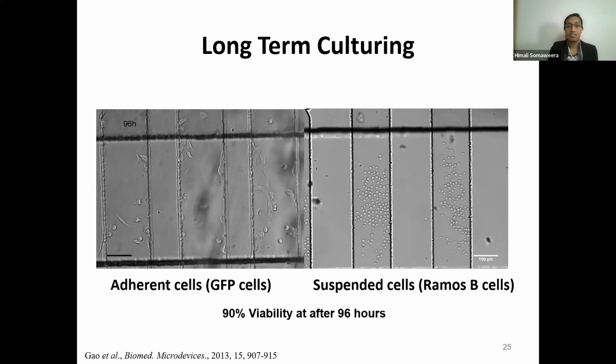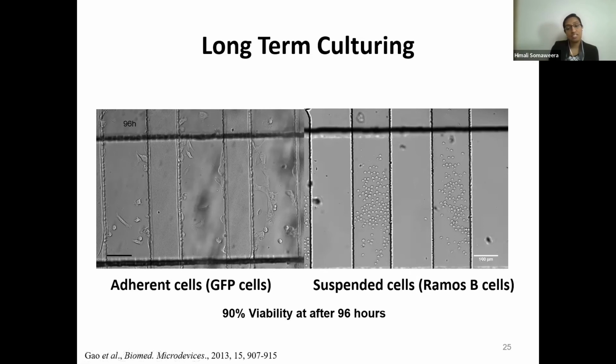Then I did long-term culturing and showed that even adherent cells and also suspended cells can be viable for 96 hours with 90% viability. So we can grow cells inside the chambers, adherent or suspended, with 90% viability for 4 days.